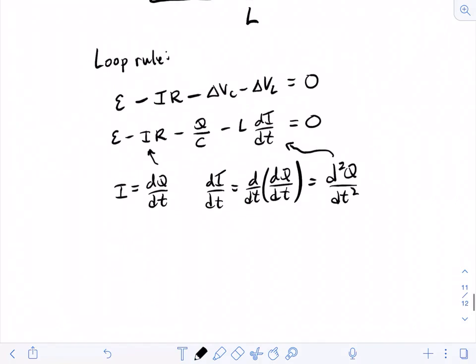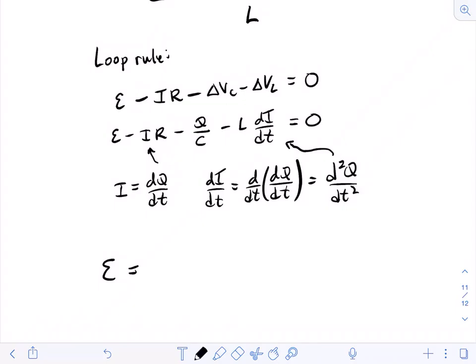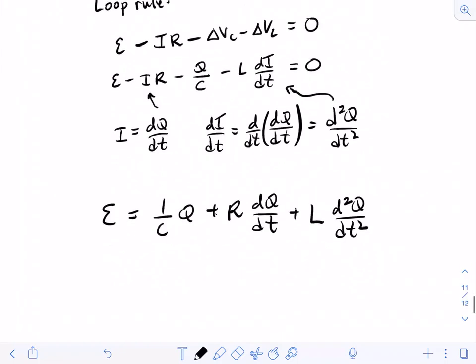Then the EMF of the battery would have to be equal to, first, 1 over C times Q. Then the next one is the resistor, Ri, but we'll write I as dq dt. And then we have an L times d2q dt2.